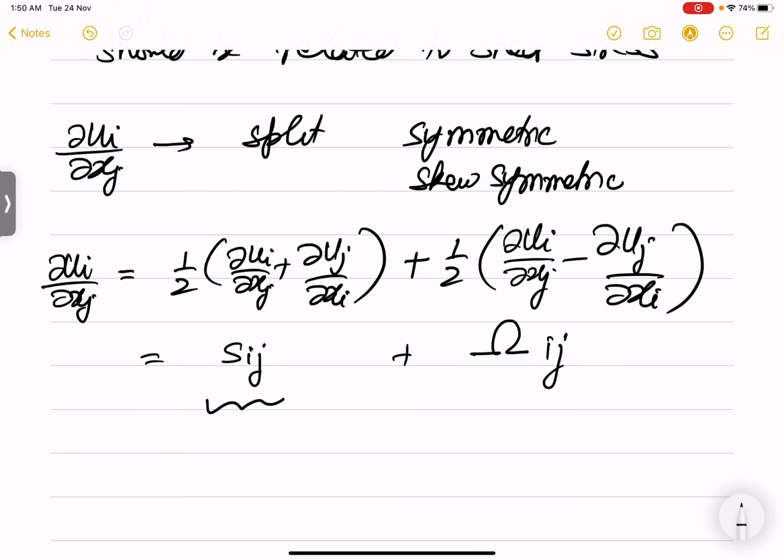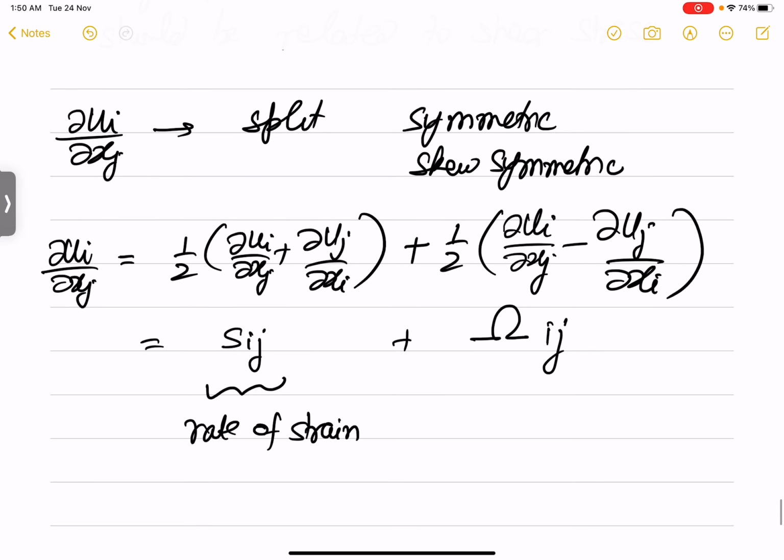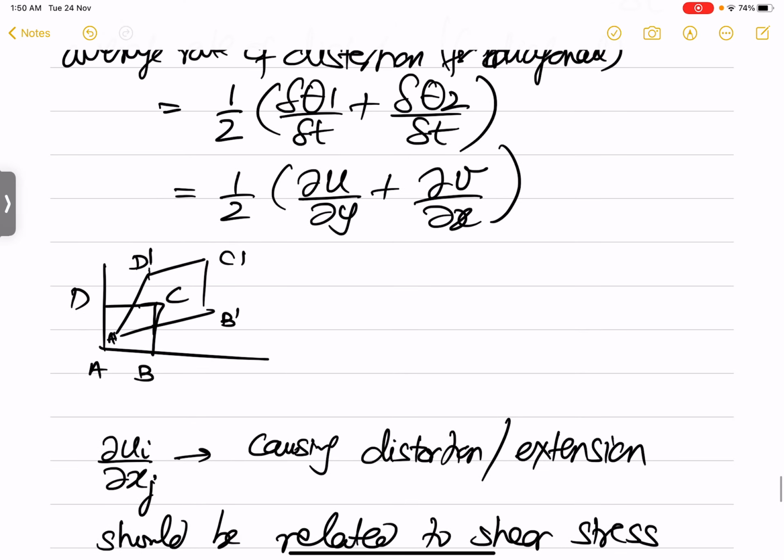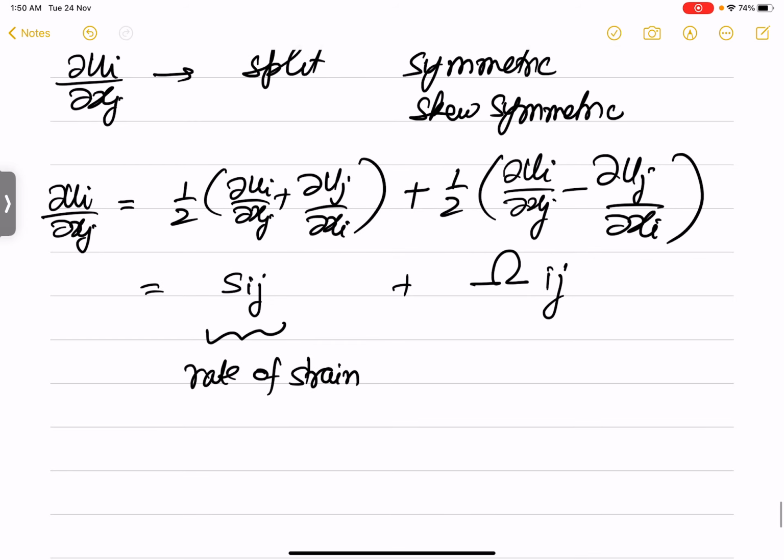Now Sij, which is the symmetric part, is equal to half of partial ui by partial xj plus partial uj by partial xi. This is called the rate of strain. And this you will realize is basically what we had called the average rate of strain, of shear. And omega ij is called the rate of rotation tensor.